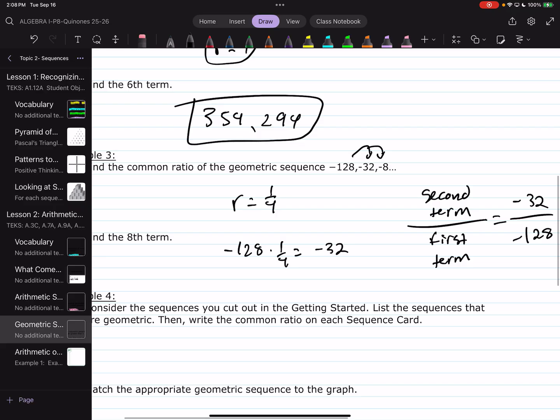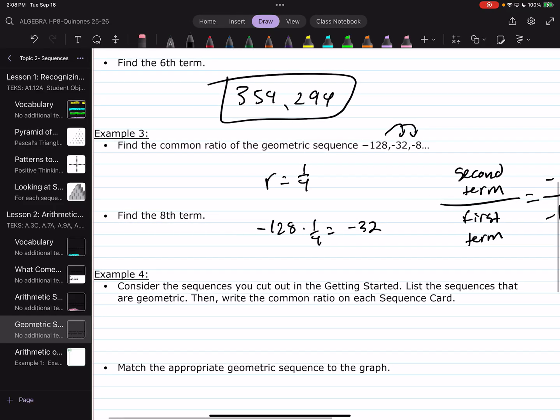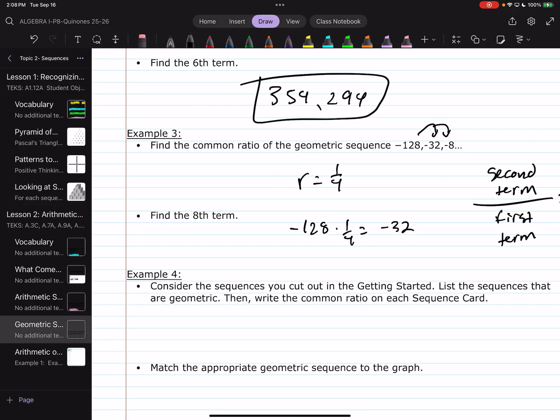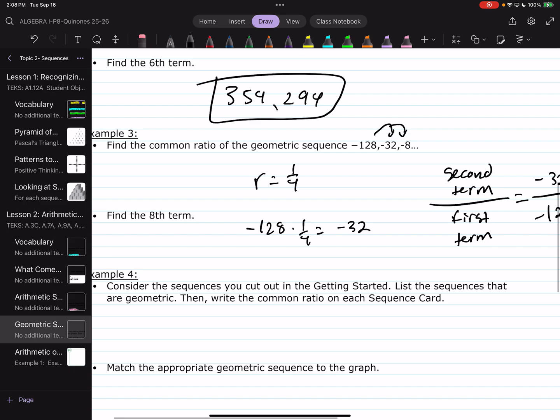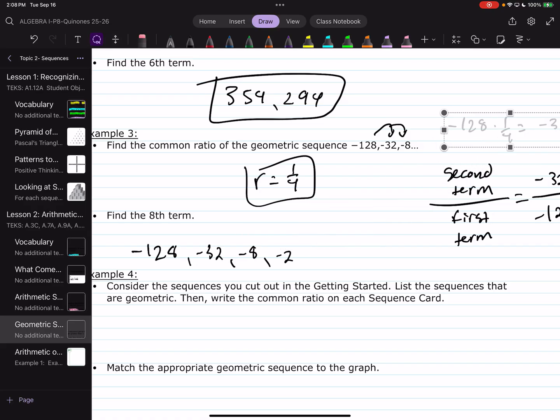Fantastic. Okay, so then what's the 8th term of this geometric sequence? Well, let's take a look. Negative 128, negative 32, negative 8. The next one turns into negative 2. Next one is negative 1/2.